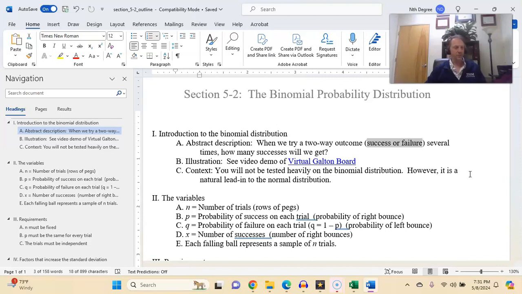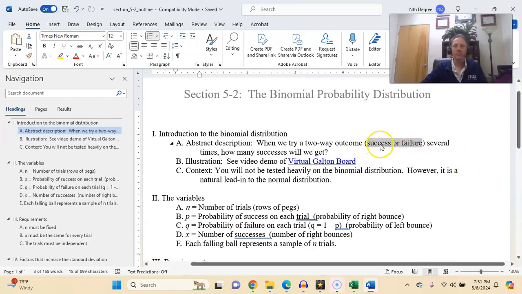There are many, many instances where this might occur. Heads or tails, 0 or 1, boy or girl, win or lose, success or failure are the abstract terms for any of those.